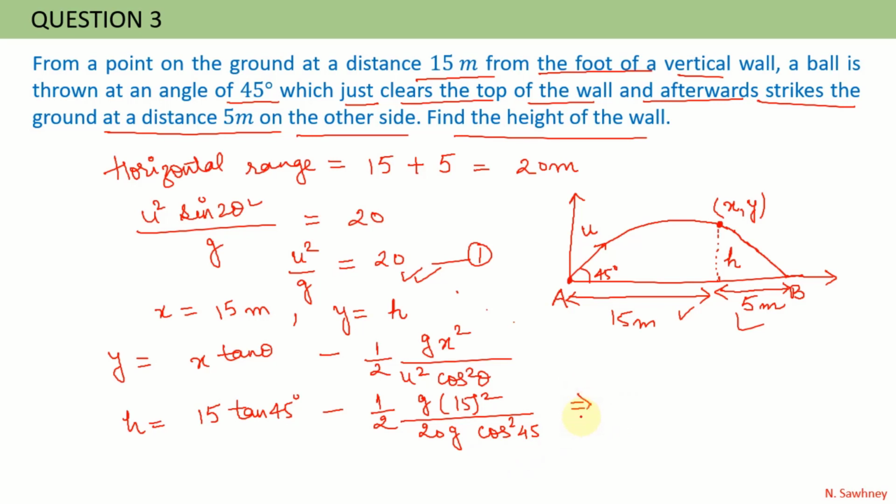So after solving this, tan 45 is 1, so we will get 15 minus half 15 square by 20 cos square 45 degrees, which is 1 by 2. After solving this we will get 3.75 meters. So the height of the vertical wall is 3.75 meters.